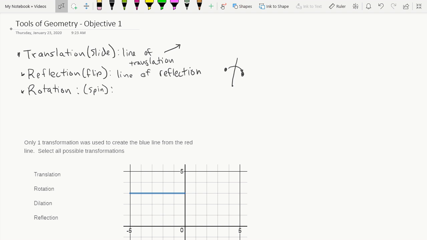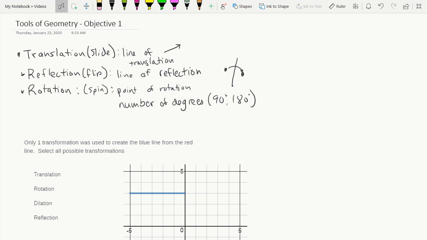Now, spin or rotation is one of the more complicated ones because you need a point of rotation. You also need a number of degrees. So that could be, you know, maybe it's 90 degrees, maybe it's 180 degrees.